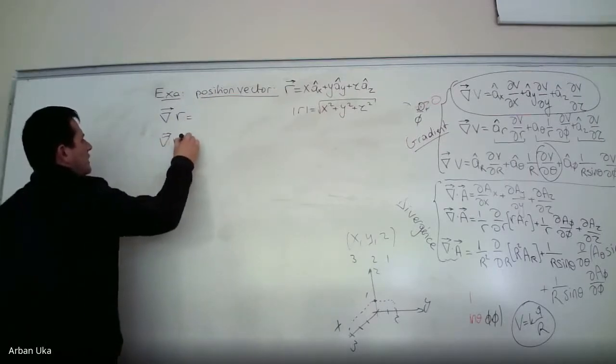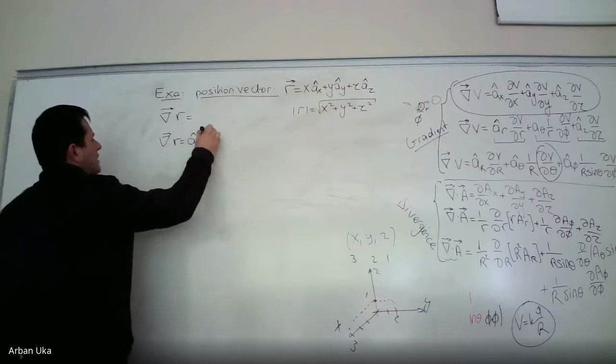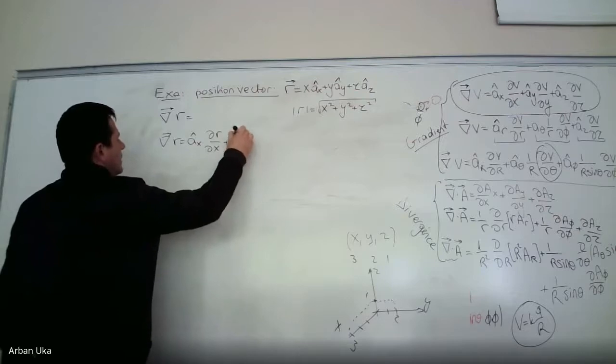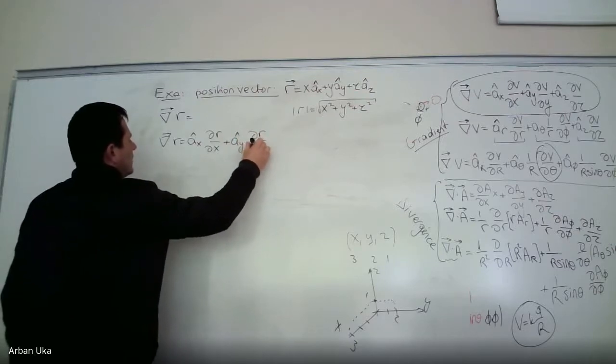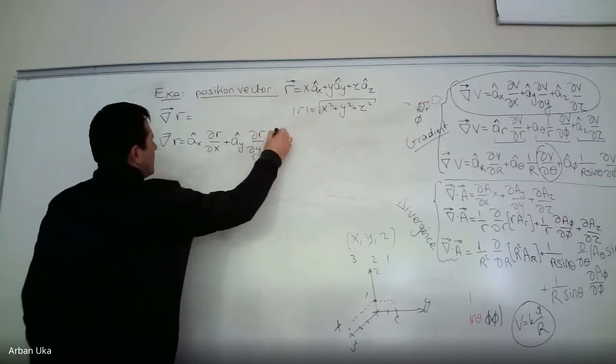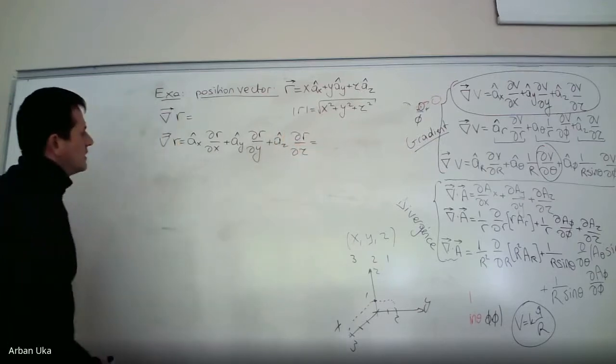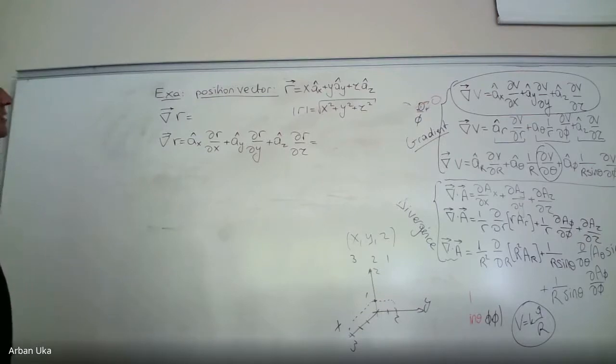The gradient of R will be equal to ax dr over dx plus ay dr over dy plus az dr over dz.